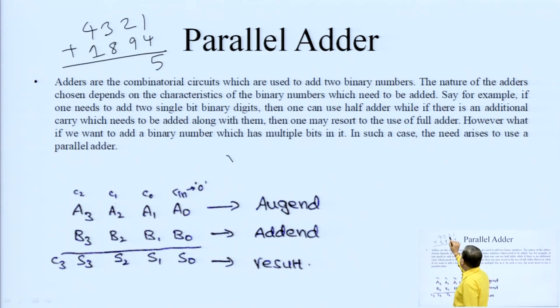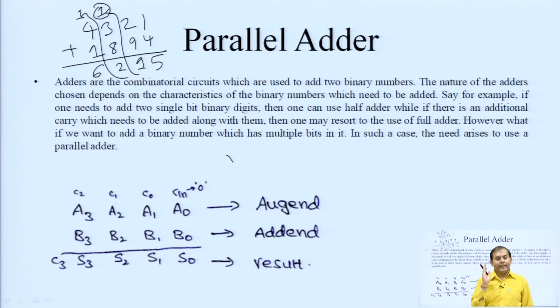No. Then 9 plus 2 is 11. So, it will be 1 and the carry will be going forward. Okay. Now, 3 plus 8 is 11, 11 plus 1 is 12 and the carry will be 1. So, 4 plus 1 is 5 plus 6. So, see, for each addition, if there is a carry, it moves further, right. So, the same concept we are going to use in binary addition also for the parallel adder.